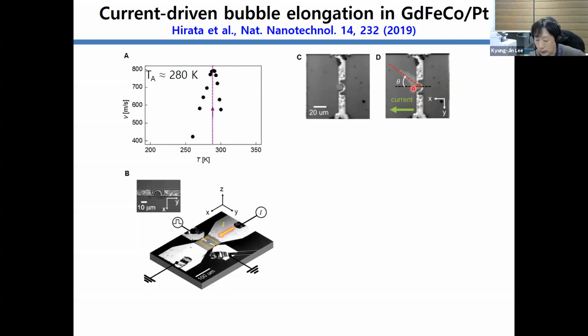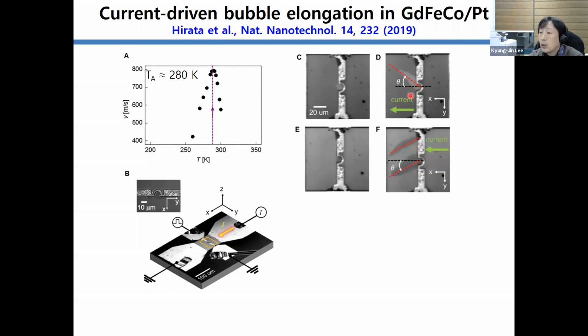So we repeated the same measurement by reversing all the magnetization directions. So now the bubble is darker and the rest of the part is brighter, meaning that here magnetization is down, here magnetization up, and so on. Then we repeated the same measurement by injecting the current.